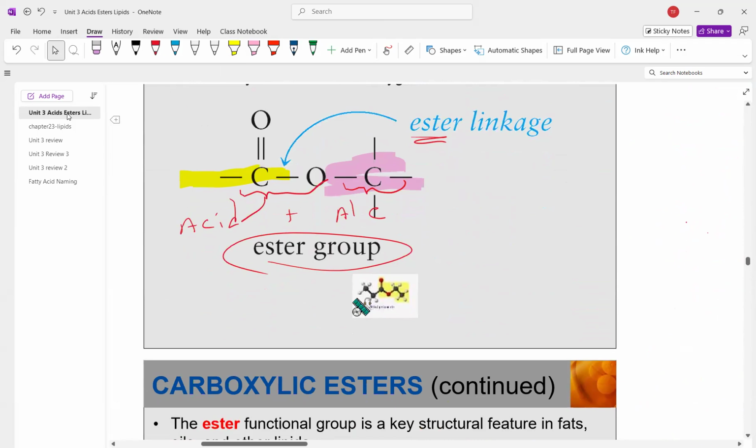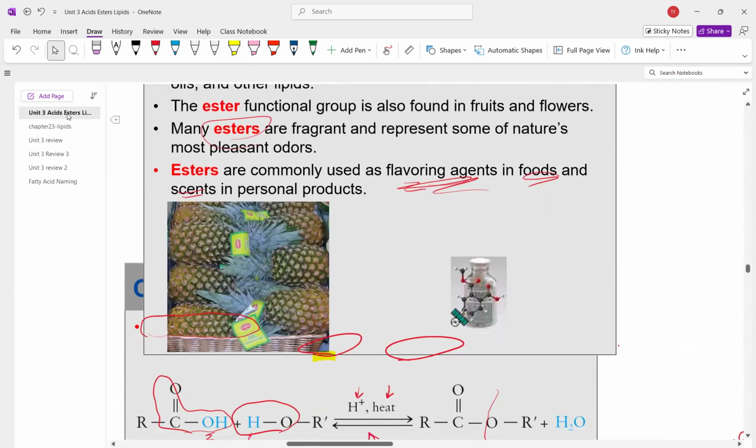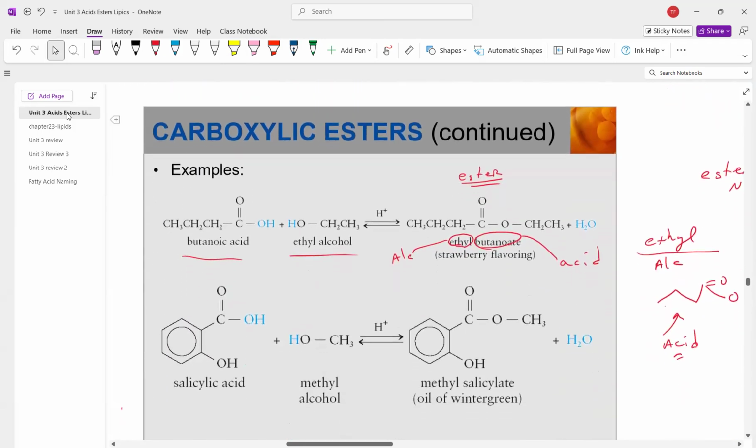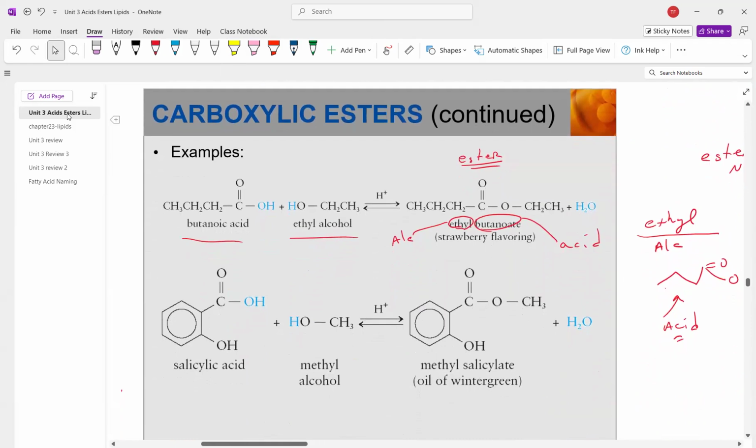Remember, with an ester, you've got a secondary and primary backbone. On Thursday, it's going to be a big review session. I'm going to talk about reactions, both single step and multi-step reactions, because we didn't get to those much in test 2. Test 3 is going to have a fair amount of reactions.